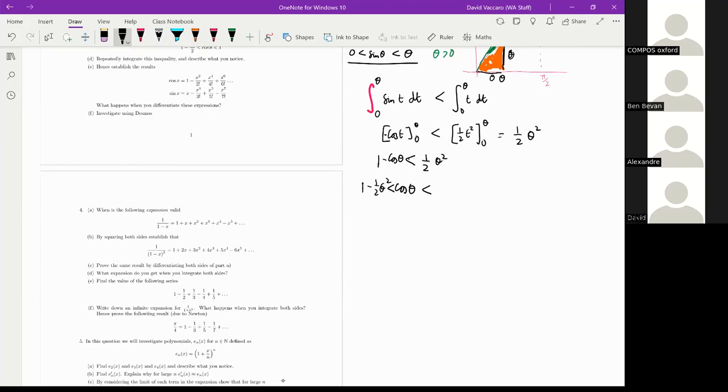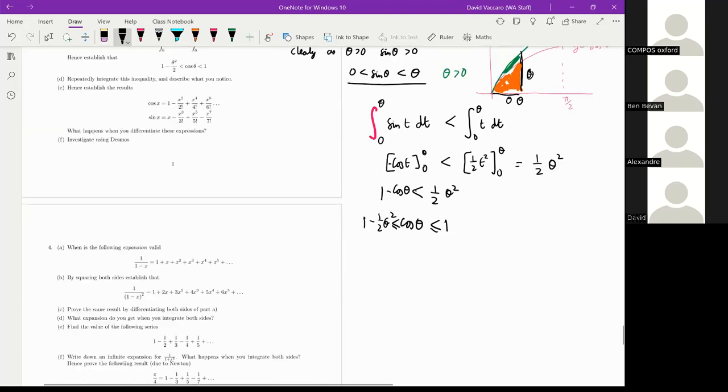I also know that cos theta is always going to be less than or equal to 1, with inequality strict if theta is bigger than 0. So I won't insist that theta is bigger than 0, so I can just put a less than or equal sign.